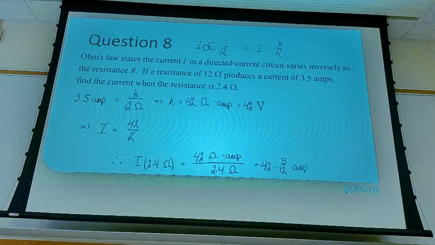And this is just going to be amps, right? 42 divided by 12 is 21 over 6. And then 21 is divisible by 3, so 7 over 2.